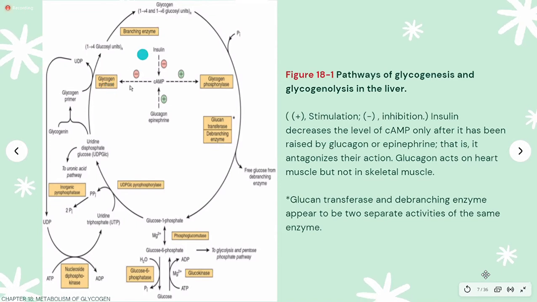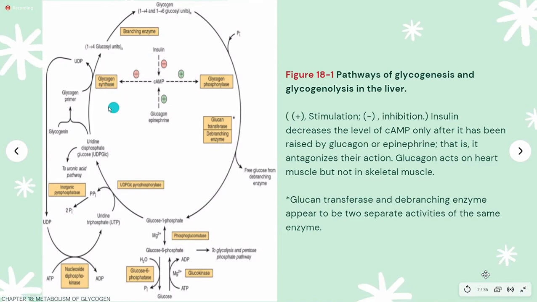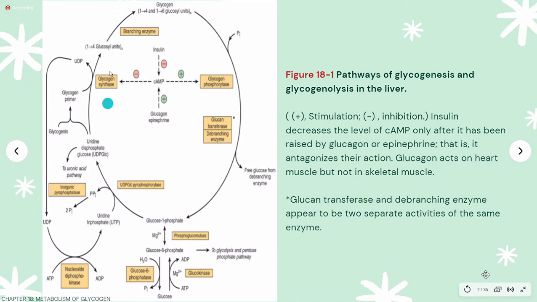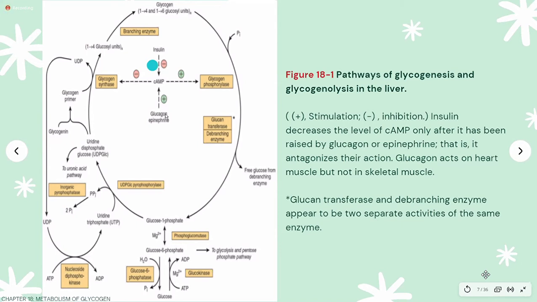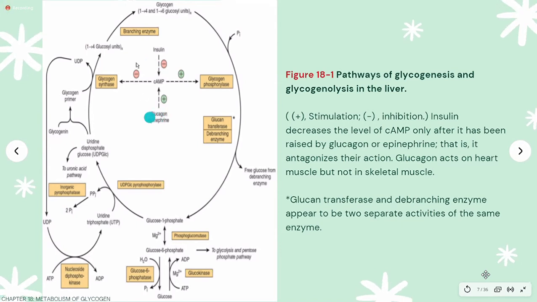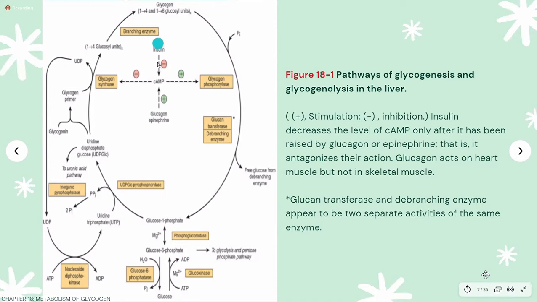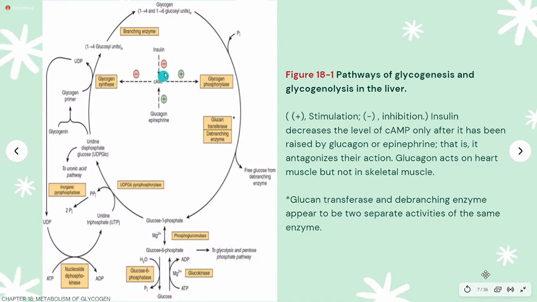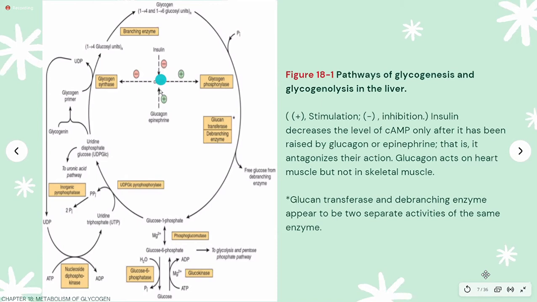Look at this. When your blood has a high concentration of glucose, insulin is released. This one is no longer released, glucagon. So what happens now? Insulin inhibits, look at that, negative, cyclic AMP.